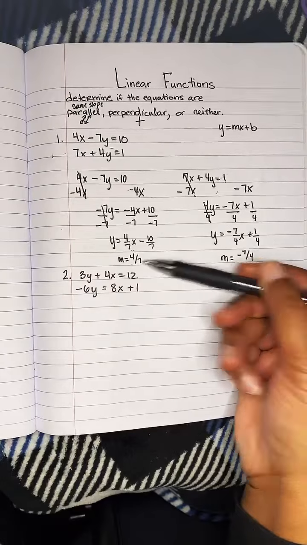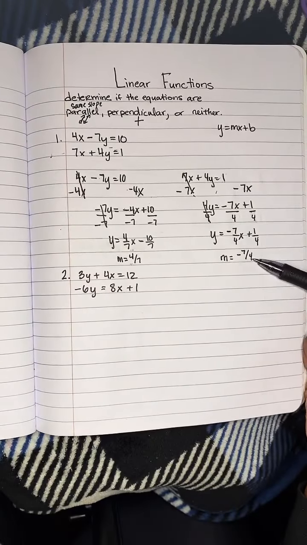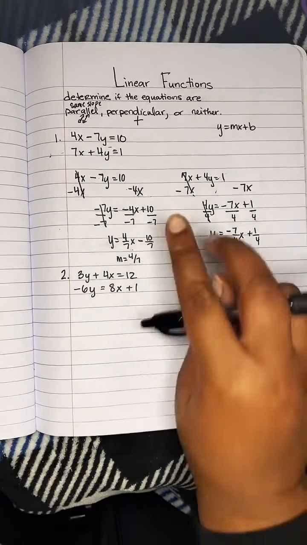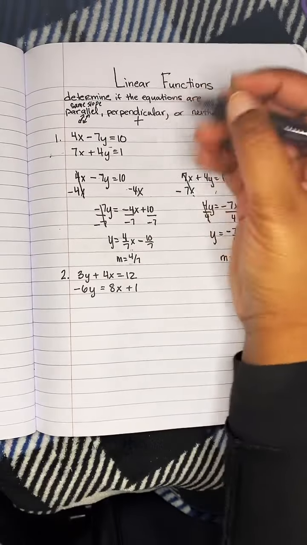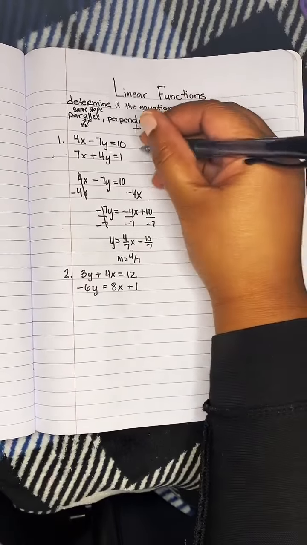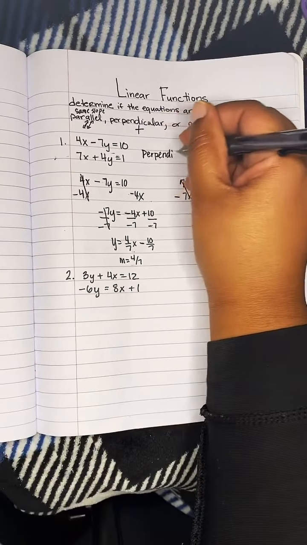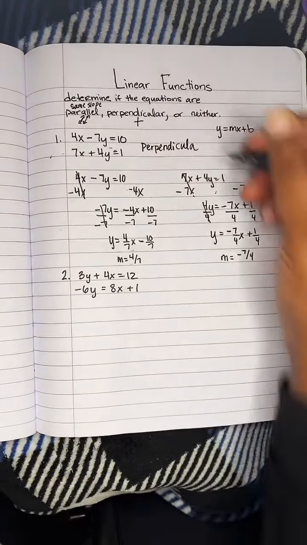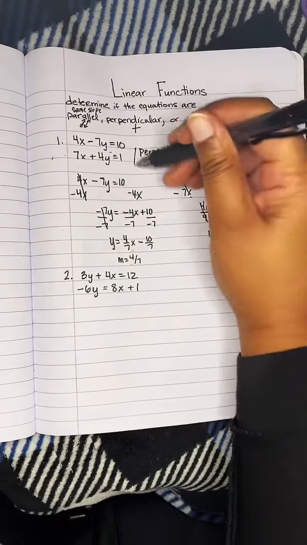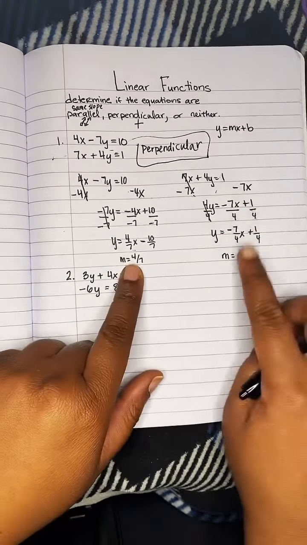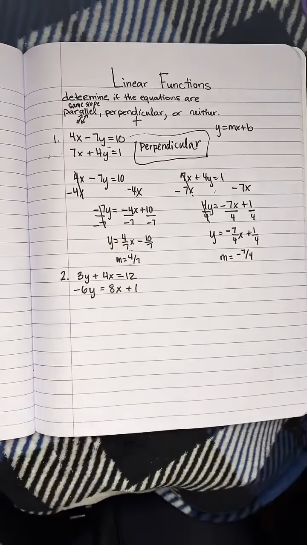So if this is 4 sevenths, this has to be 7 over 4. And since it meets both of those conditions, these lines are perpendicular. Okay? So that's why these are perpendicular. One's positive, one's negative, and they're flips of each other.